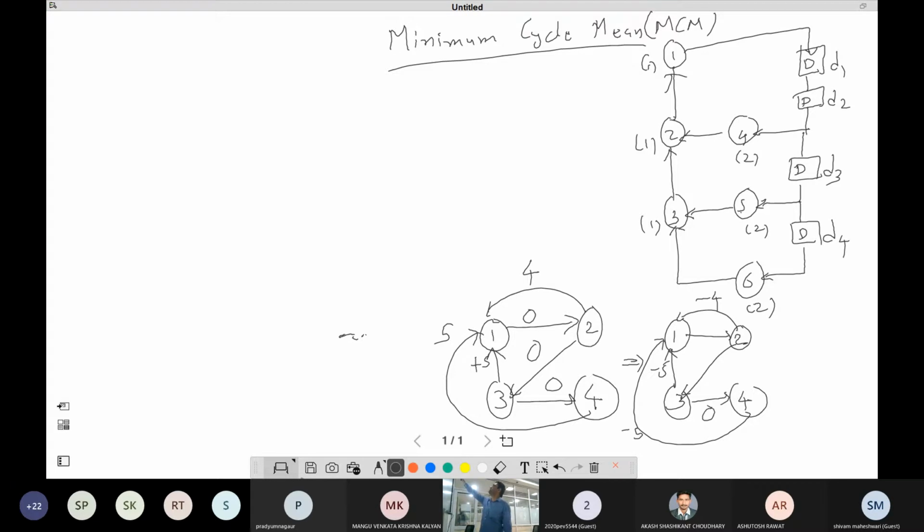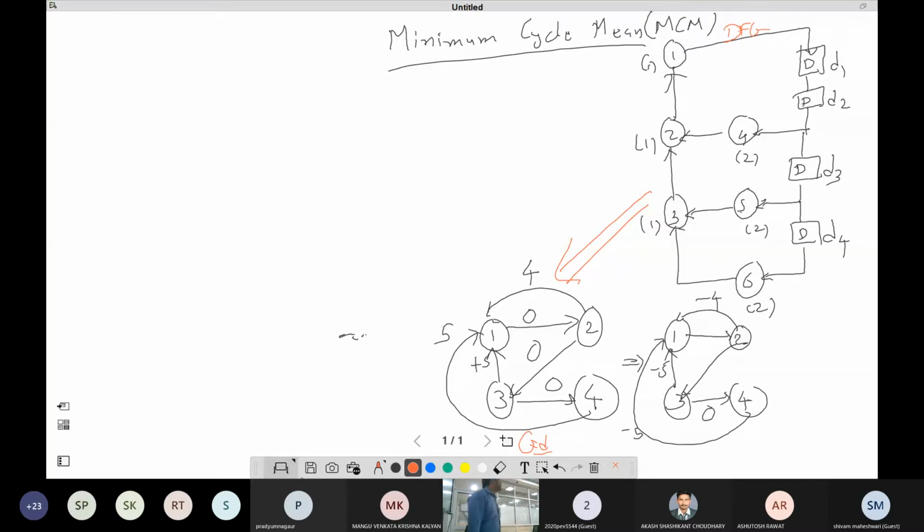Now, from this particular graph, you need to construct this graph. This I am defining as my GD graph. Okay, so the first step that you need to follow for the minimum cycle mean method is you need to construct your GD graph. Okay, how can you construct a GD graph from your DFG? This is my original DFG. From this, I need to construct this graph.